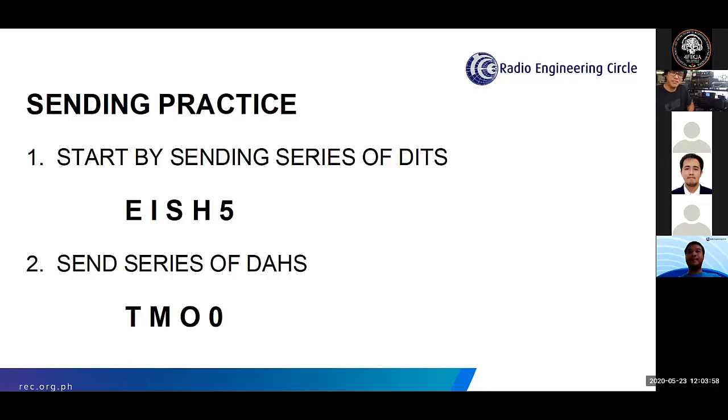If you make it faster, something like that. So that's what you're going to practice in decoding. So E sounds like this. I is 2 units, and S is 3 units, and so on.